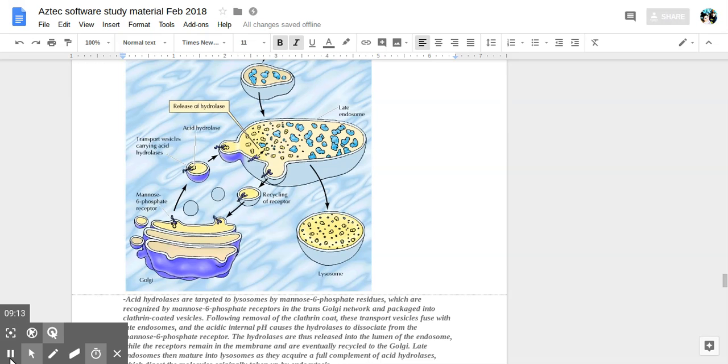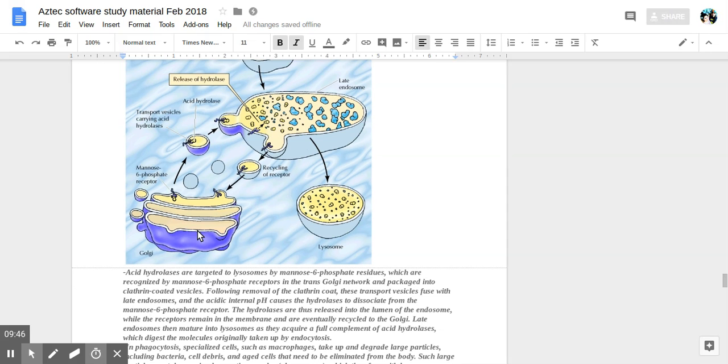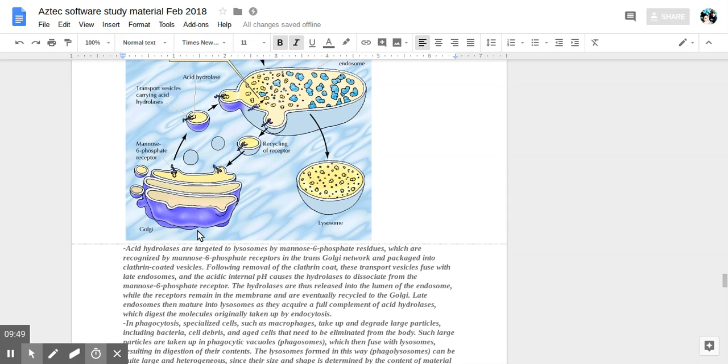Molecules via the receptor, vesicles bud, and the sugar phosphate receptor transport vesicles carry acid hydrolases, which are proteins that are bound for the lysosome, protein enzymes used for breakdown.